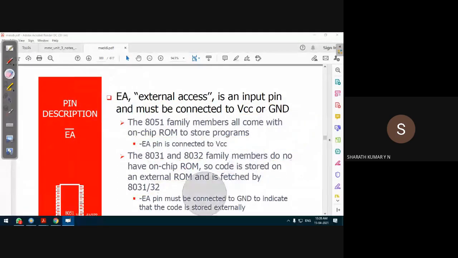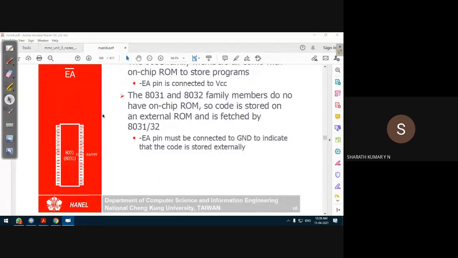In such a case, if the microcontroller does not have an internal ROM memory where the instructions are stored, then this EA pin, the external access pin, is used. In that case, this pin must be connected to ground to indicate that the code is stored externally.